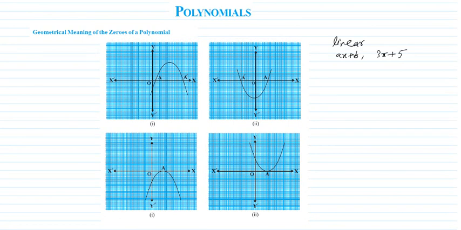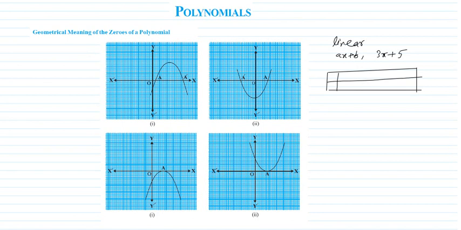If we try to draw the graph, like you must have drawn in class 9th, the graph of the linear polynomial is a straight line.